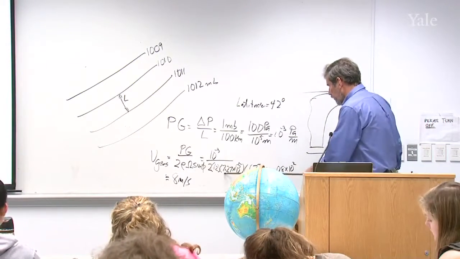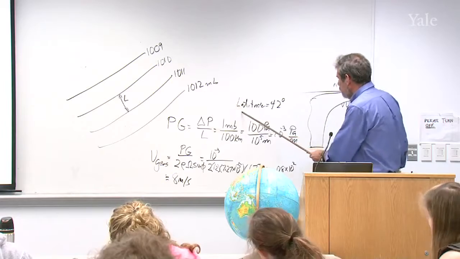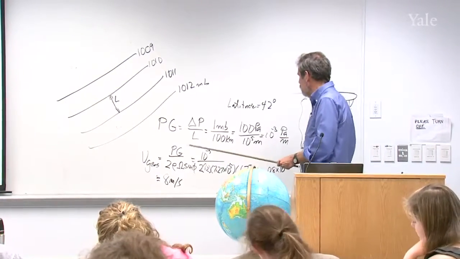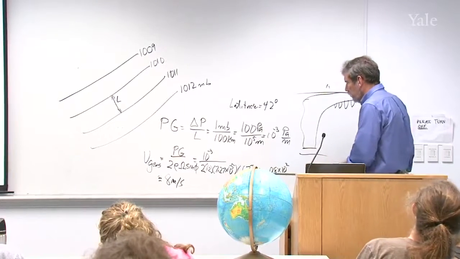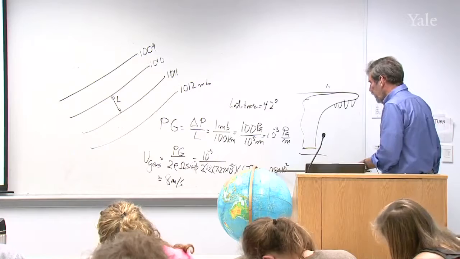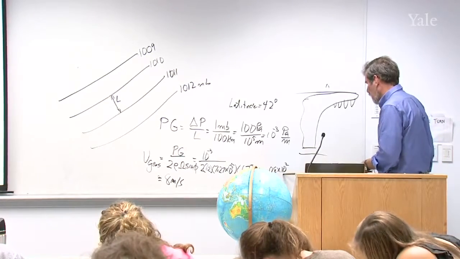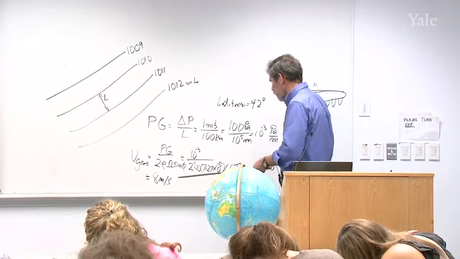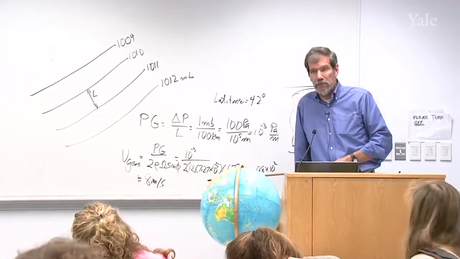There comes the rotation rate of the Earth, capital omega. And for this problem, I'm going to say we're in New Haven. The latitude's around 42 north. Sine of 42 is about 0.67. Plug all that in, I get 0.08 times 10 to the 2. And just moving the decimal place over, that's 8 meters per second.